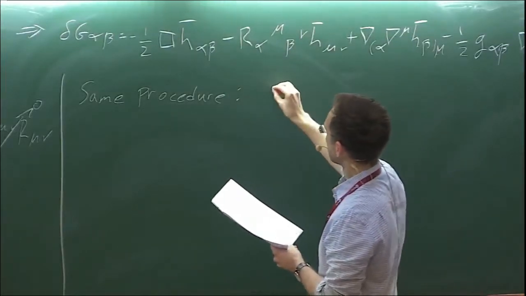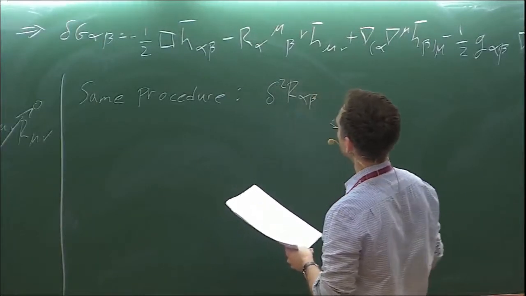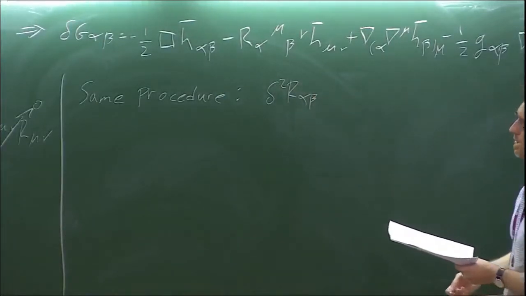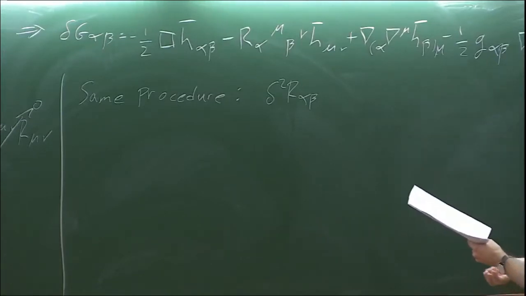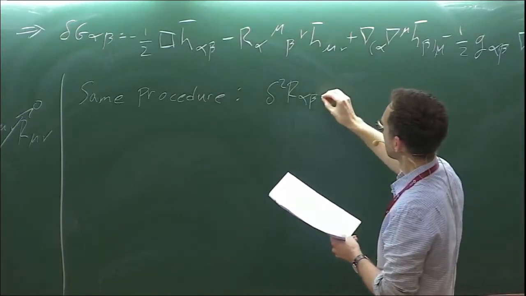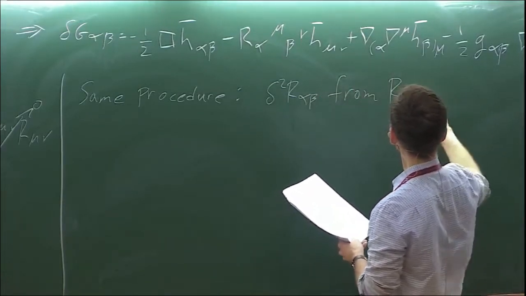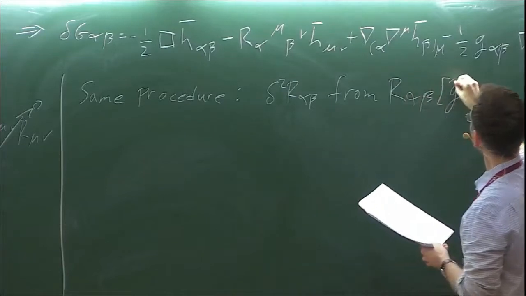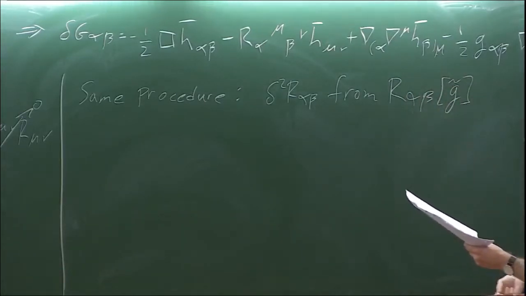But you can get delta squared R alpha beta just by looking at the quadratic terms in R tilde alpha beta over there. So you get these by looking at quadratic terms in the exact metric, the exact Ricci tensor of the exact metric.